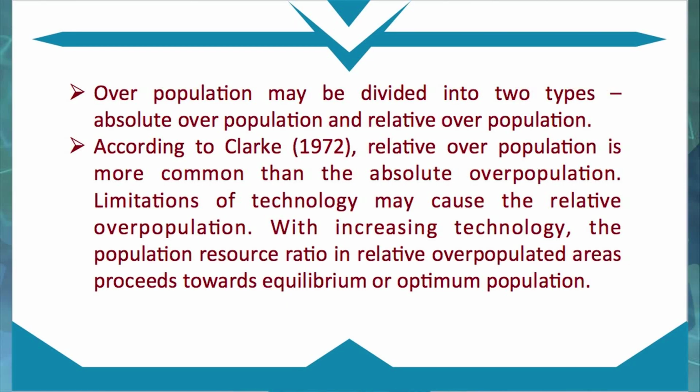Now, dear learners, overpopulation may be divided into two types. What are they? Absolute overpopulation and relative overpopulation. According to Clarke's concept in 1972, relative overpopulation is more common than absolute overpopulation.